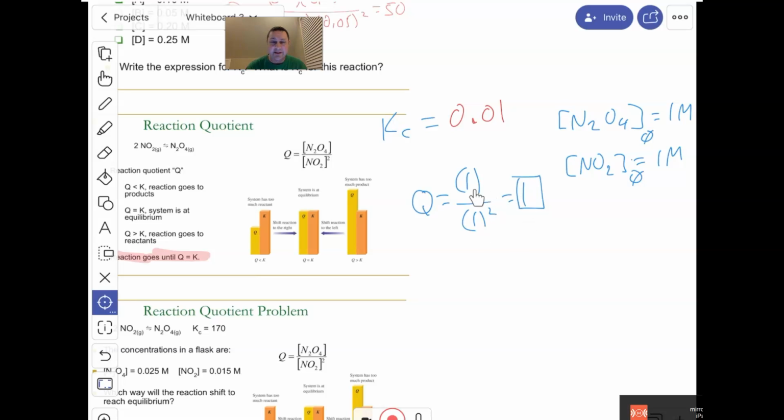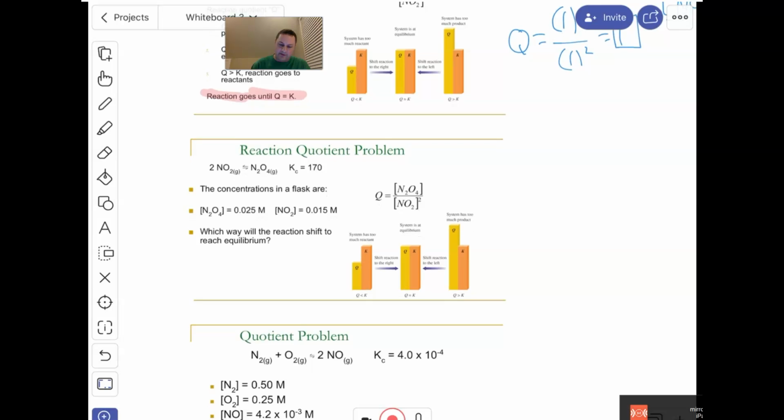So that means the product number is going to go down and the reactant number is going to go up. This reaction is going to shift from right over to left, and it's going to keep doing that until eventually this number hits 0.01, the equilibrium constant, and then it's going to stop. The reaction doesn't really stop, right? But the net change is going to stop. It's going to be at equilibrium at this point. And so that's how this works. That's how we can use this.